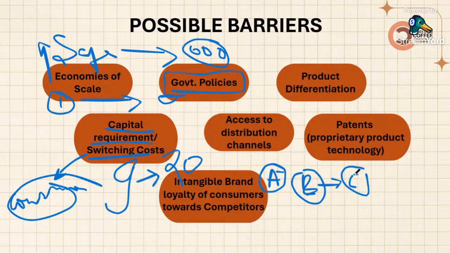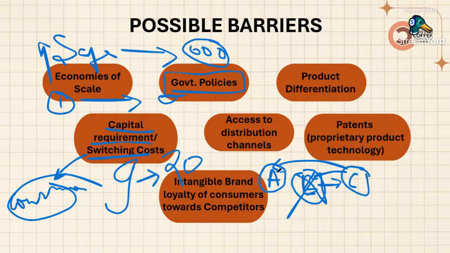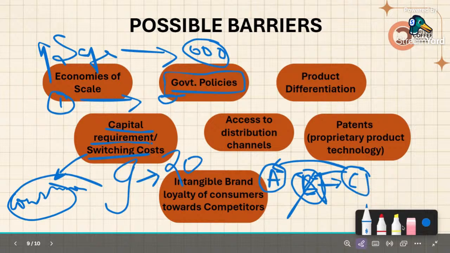Even if the consumer knows that B is not as good as A, he still won't switch to A because the cost of switching will be higher. He needs to cancel his contract with B, pay some sort of penalty, and then he can renew his contract with A. So this is the switching cost in simple terms.